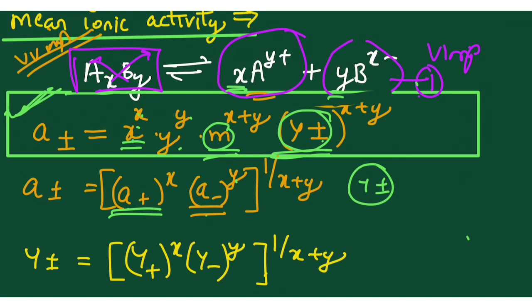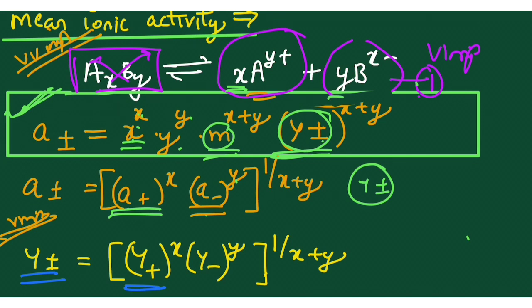Now, a question in JAM 2018 came from this topic, that is, mean ionic activity coefficient. You were provided with the activity coefficients for the cation and the anion separately.